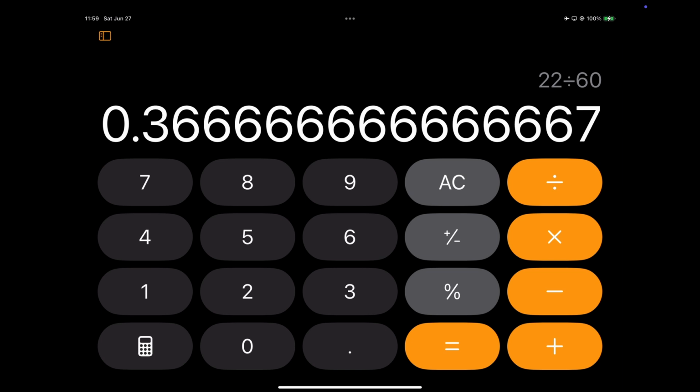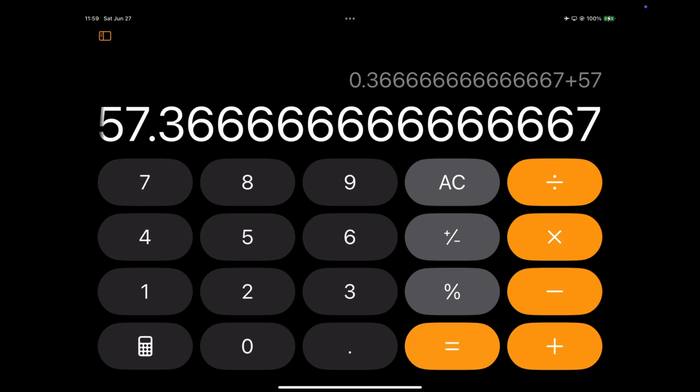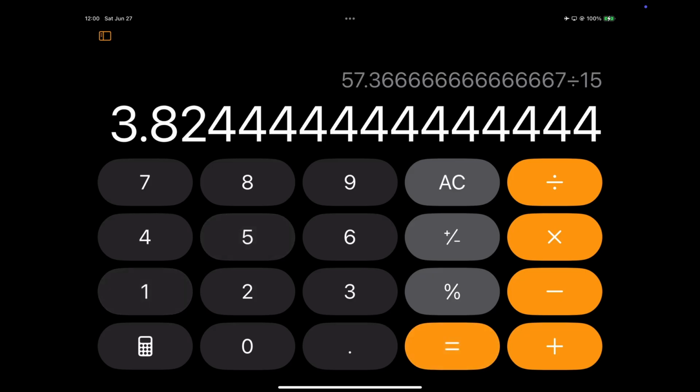Now I'm going to add my whole number, which is 57 degrees, all right? So 57.36667, that is my longitude. This is my longitude right here. Right now, I'm just going to divide this whole thing by 15, and I have 3.8, okay? And this is pretty simple also.